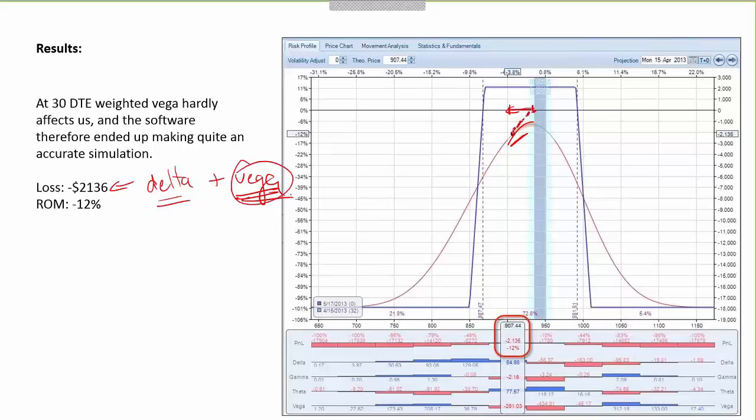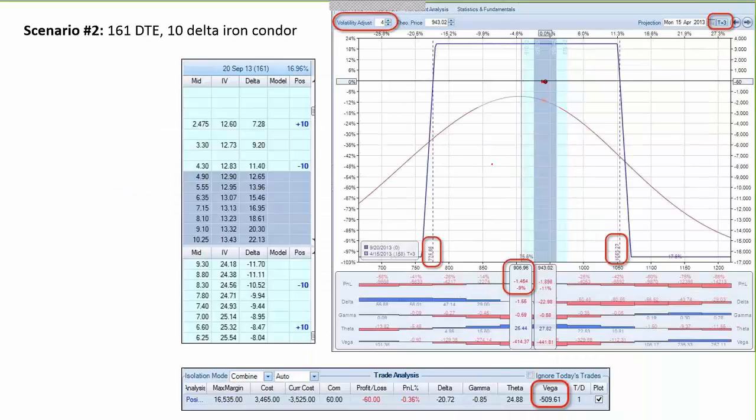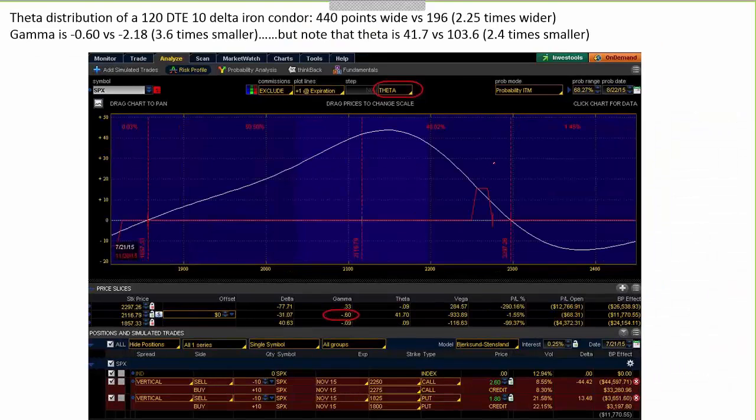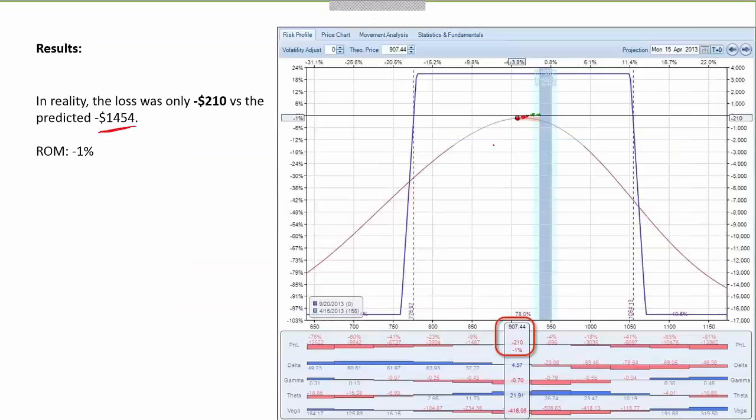And since the gamma is so steep on a 30-day compared to a longer term, we're getting hurt more by delta and the higher gamma than the other one. Because the longer term iron condor, this one, notice that the curve is much smoother. Therefore, the move down in price, the gamma and delta impact is relatively minimal compared to the first.